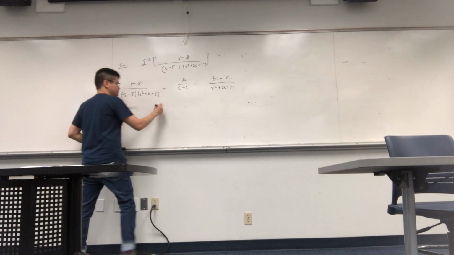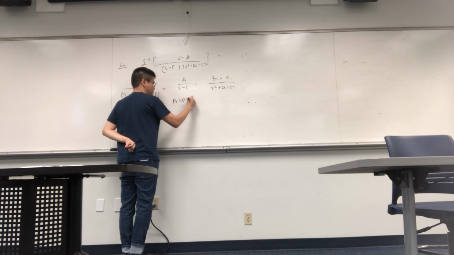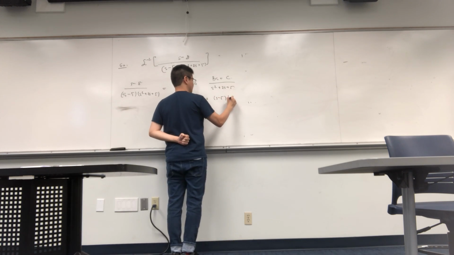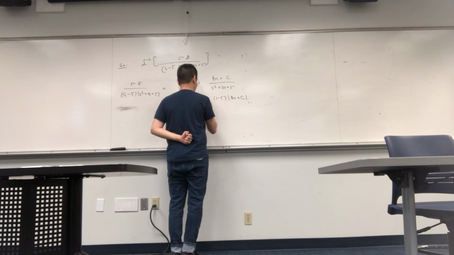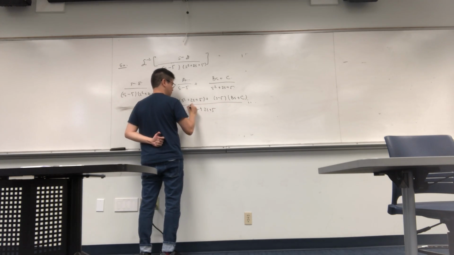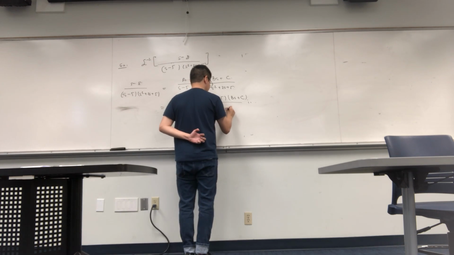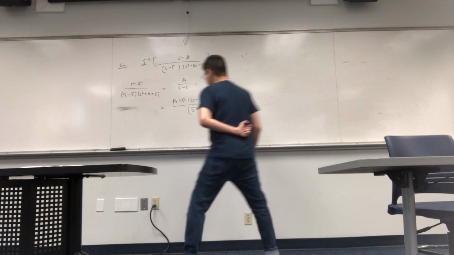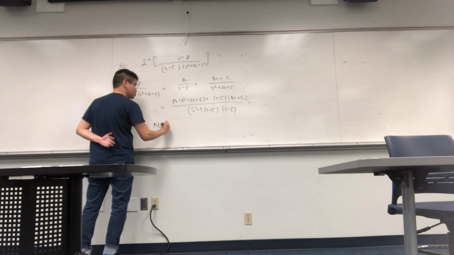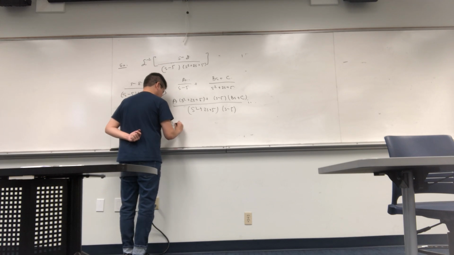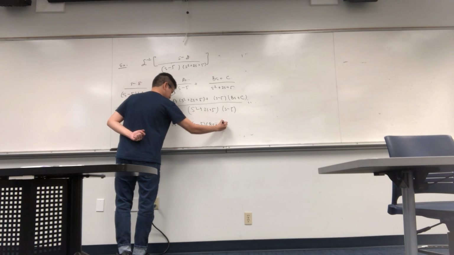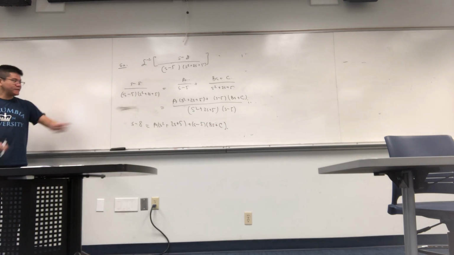Now, this gives me A(s squared plus 2s plus 5) plus (s minus 5)(Bs plus C) over (s minus 5)(s squared plus 2s plus 5). Which means that s minus 8 is equal to A(s squared plus 2s plus 5) plus (s minus 5)(Bs plus C). Let me explain again.